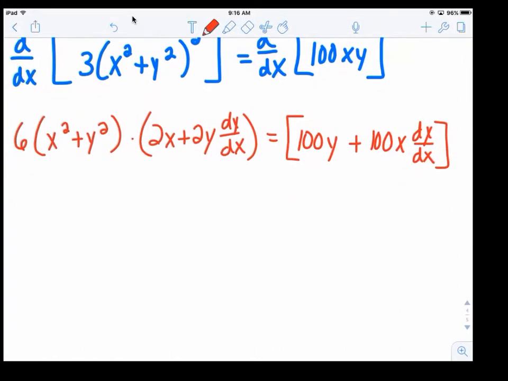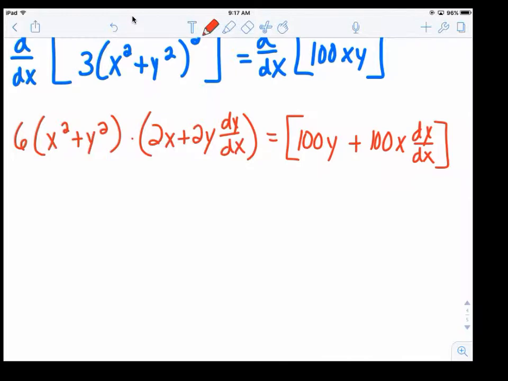Correct. 100 is just a constant, so you can attach it to the x term if you want. Okay, so now you have a single term multiplying two terms. So you need to distribute this term to both of these terms. So you're going to have 6 times x squared plus y squared times 2x.